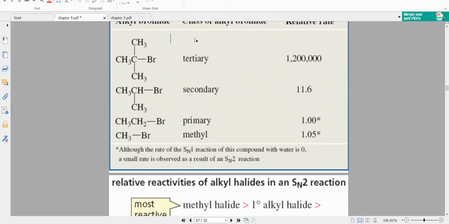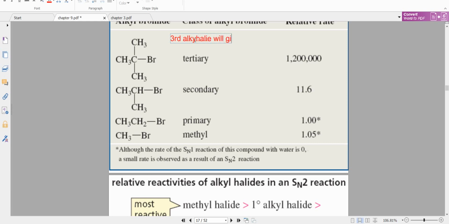Note number 1. Tertiary alkyl halides will give SN1. I say again, tertiary alkyl halides will give SN1.